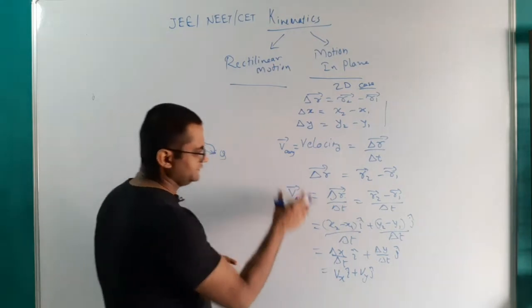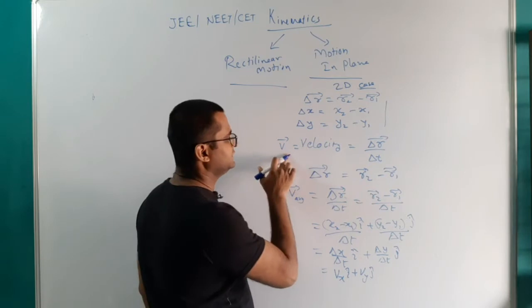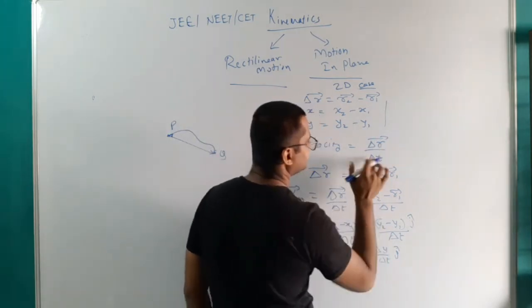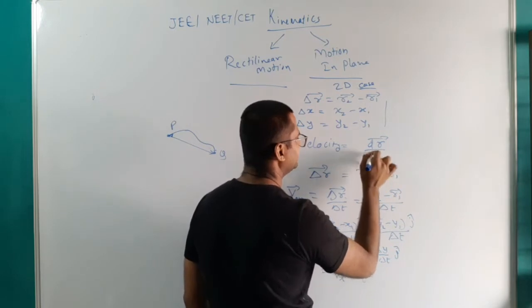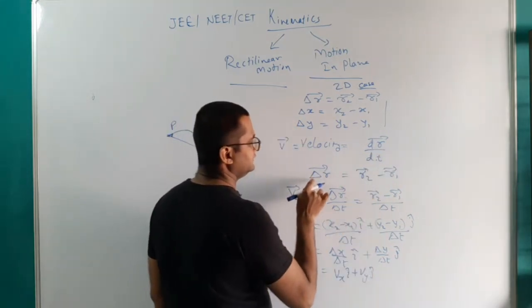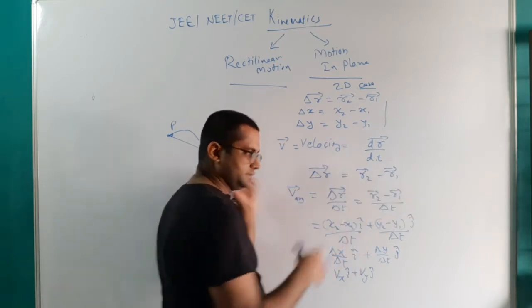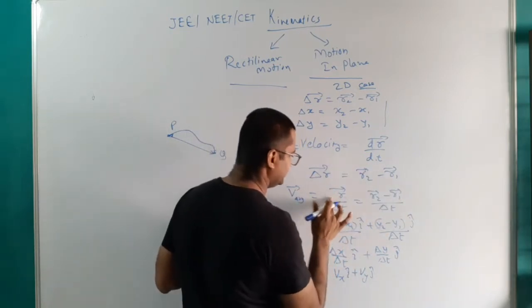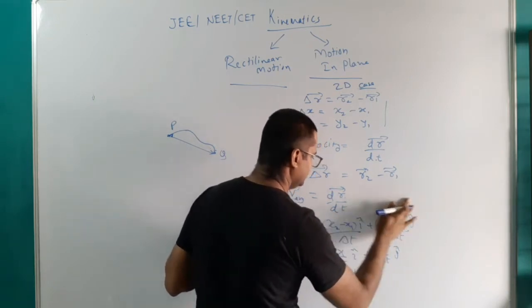Remember that the same is applicable for instantaneous velocity also. If it is instantaneous velocity, then instead of delta we will write d. D stands for derivative, and in this case it will still remain the same, but we have to take the limit. So let me skip that part. We will directly write the derivative here, and this step is no more required.